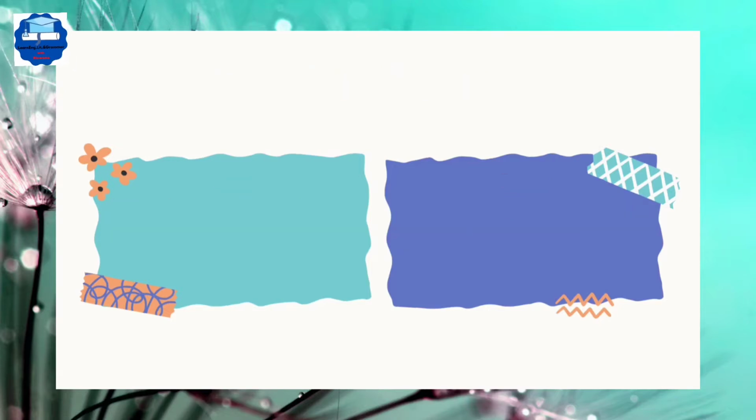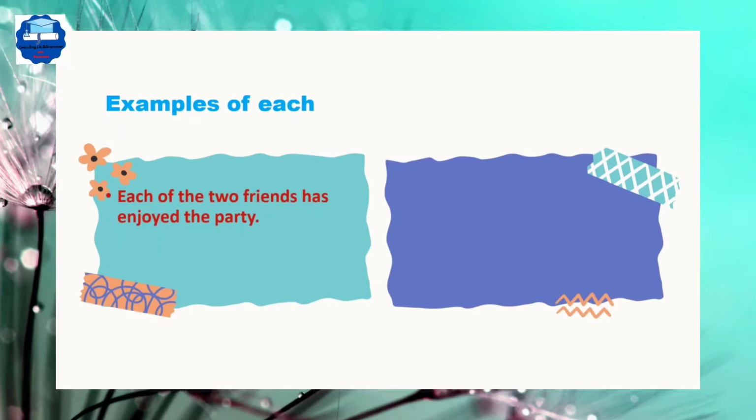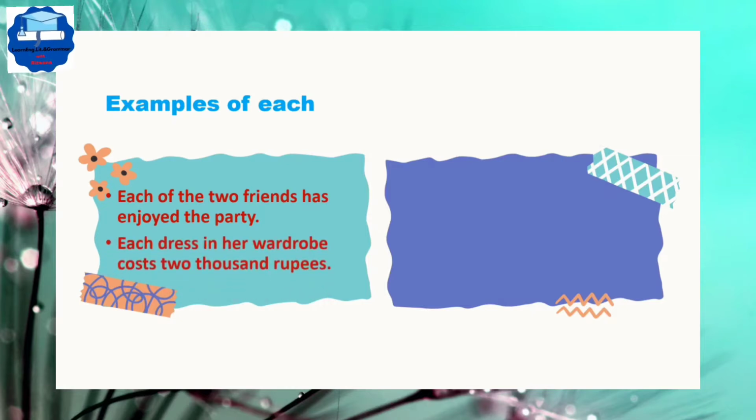Here are some examples of each and every. Each of the two friends has enjoyed the party. There are two friends and each of them has enjoyed the party. Each dress in her wardrobe costs 2000 rupees.